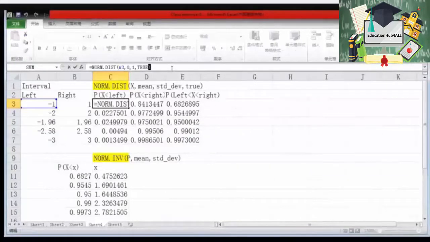If we know the area on the left side of this line, and we know the area on the left of this line, the difference will give us the area we want to find. That's this interval. The first function actually gives us everything on the left, and taking away this tail will give us this interval.